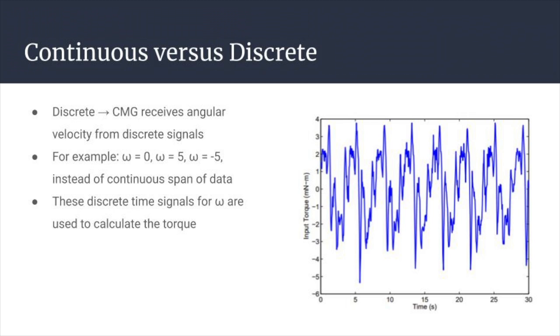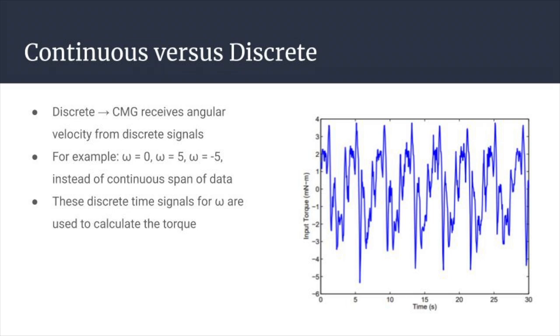The CMG system is discrete. This means that a certain amount of data points of angular velocity are recorded. For example, instead of having a continuous span of data, we get values like omega equals 0, omega equals 5, and omega equals -5. These signals are then used to calculate the input torque, which can be seen on the figure above.